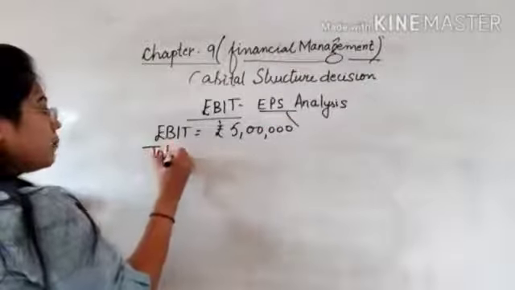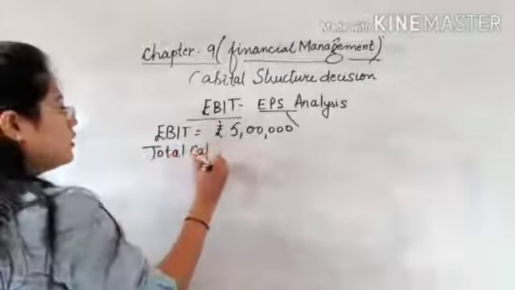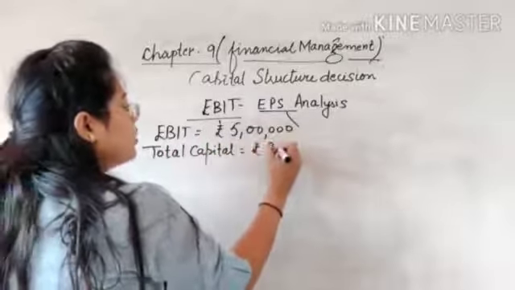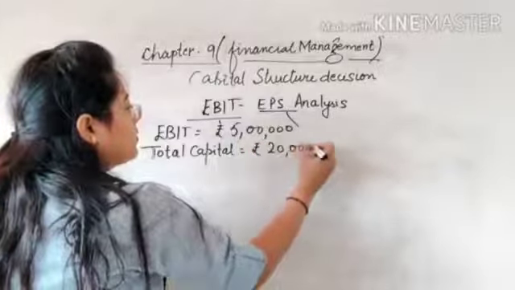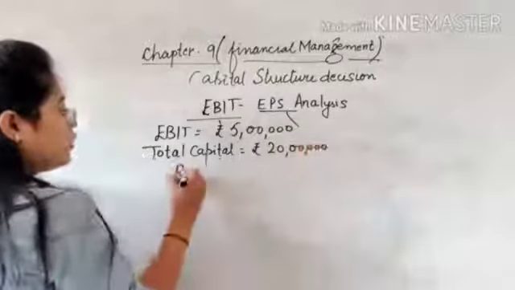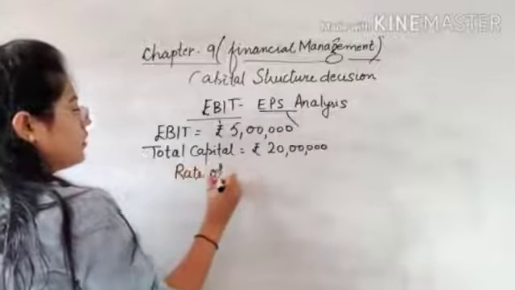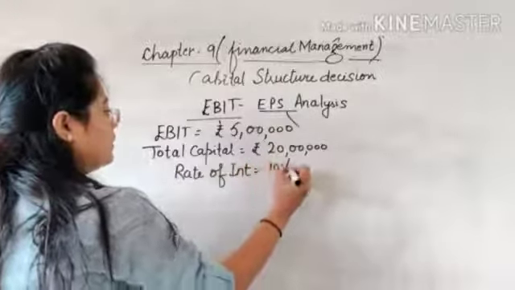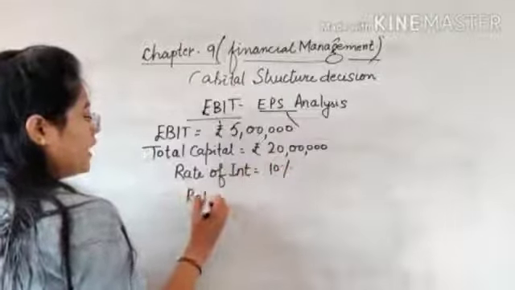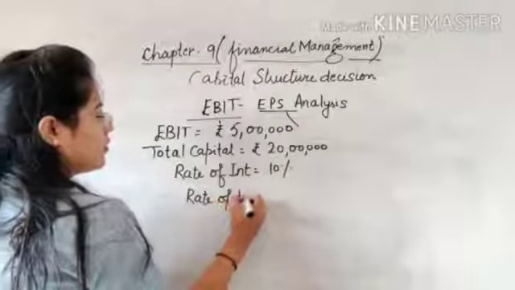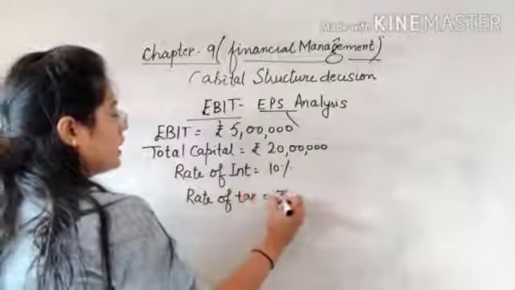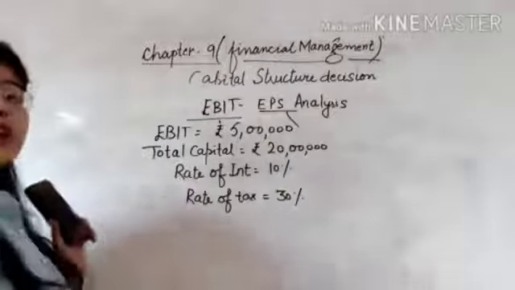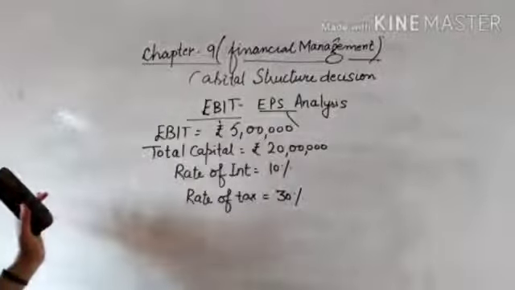Total capital employed, rupees 20 lakh. Rate of interest 10%. Rate of tax 30%. And we have to take three situations.